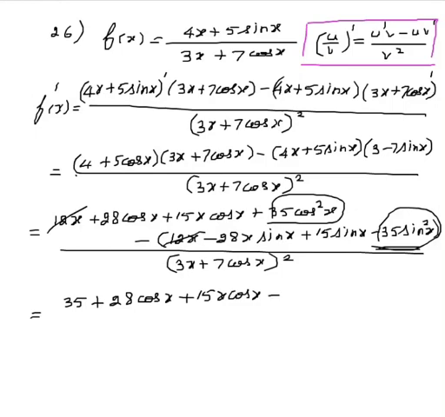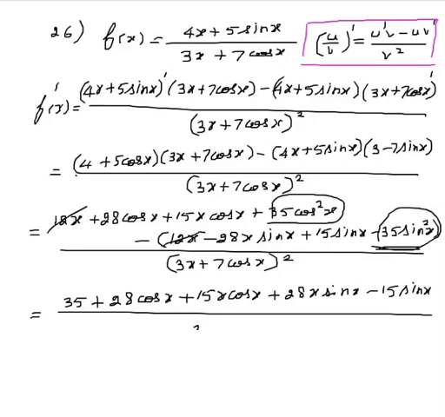Distribute this negative sign and write plus 28x sin x minus 15 sin x, divided by 3x plus 7 cos x the whole square.